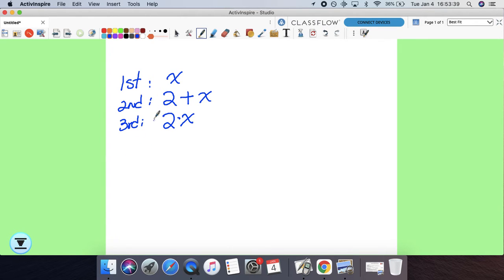All right, so now we can set up our equation. The sum of the first, x, and the third, plus 2x, that's the third number, right? The first number and the third number exceeds the second by 2. So if you add those two and you subtract the second.